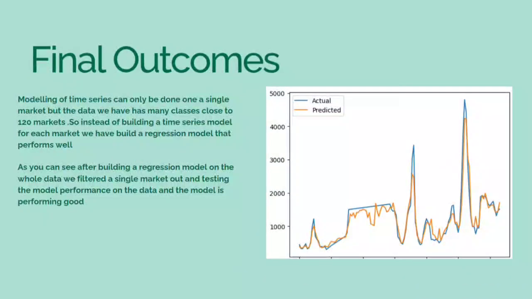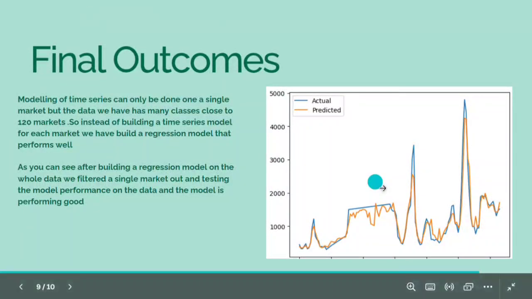So our final outcomes were these models for predicting a single market, and a regression model that is built upon all the markets. By using that regression model we were able to predict a single market with this amount of good performance.